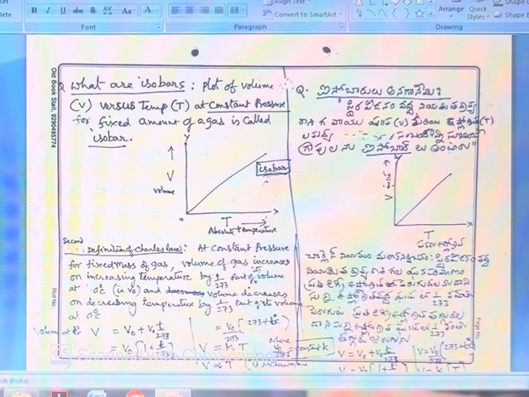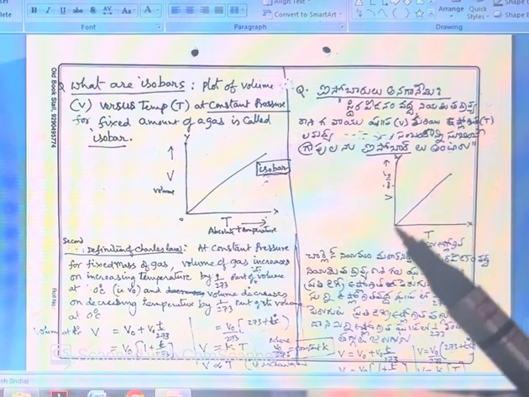If you take the volume at 0 degree centigrade, that is a constant. Every degree rise or degree decrease in temperature changes the volume V0 by 1 by 273 part.